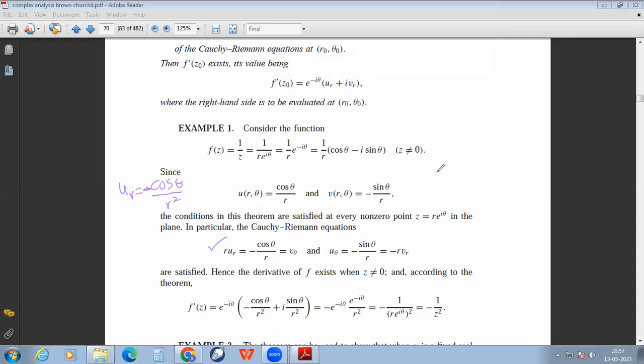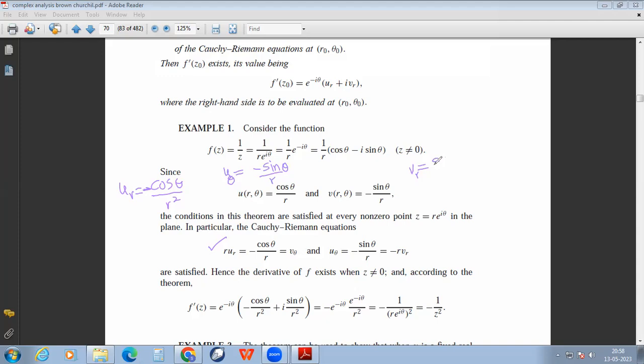And now you want u theta. So what will be u theta? Derivative of cos is minus sin theta. Yes, it has to be minus sin theta upon r. So let us go with v. v_r. What will be v_r?